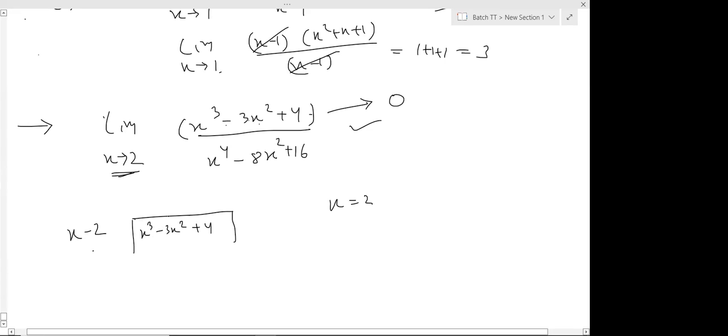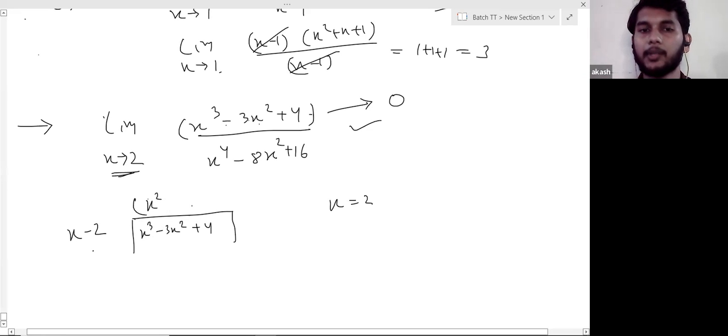Yeah, sir. All right, so please tell me. The quotient will be x square. Then we have to multiply it with x cubed down there. Do the calculation. Tell me what answer you get. All right.